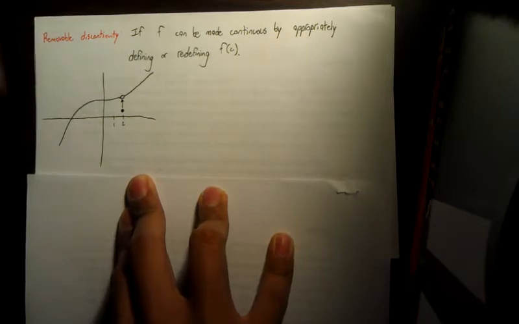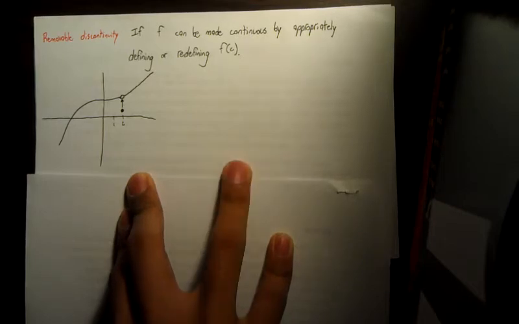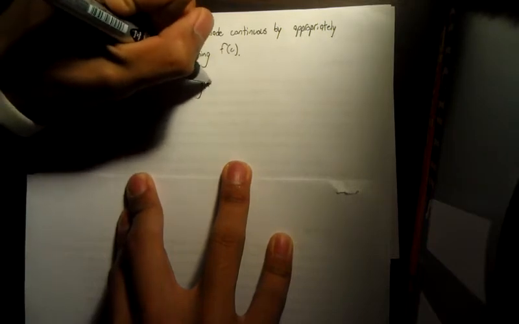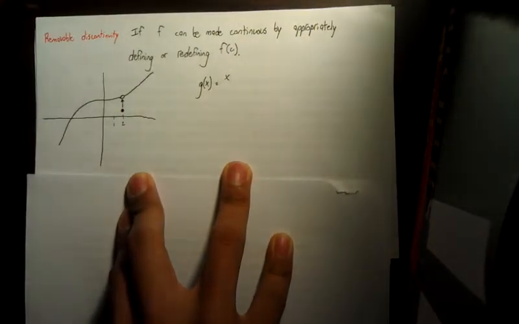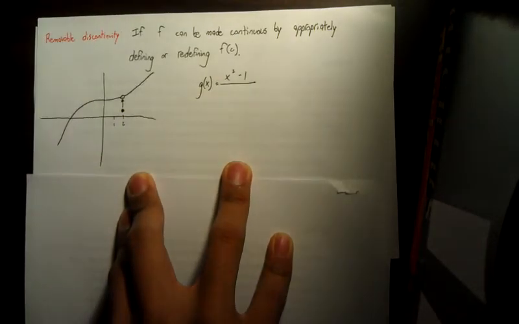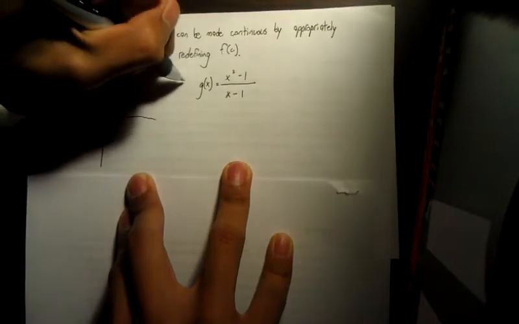So when trying to determine if your function has a removable discontinuity, the way that I think of it when you're solving it algebraically is if you can remove a factor from the numerator and the denominator, then there's a removable discontinuity within the function. So here's just an example.